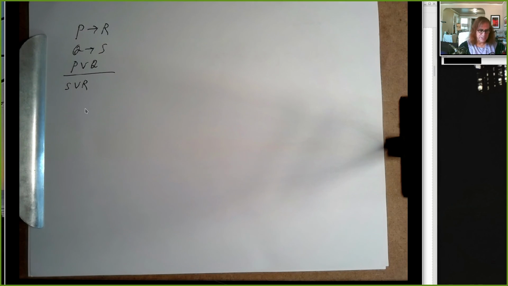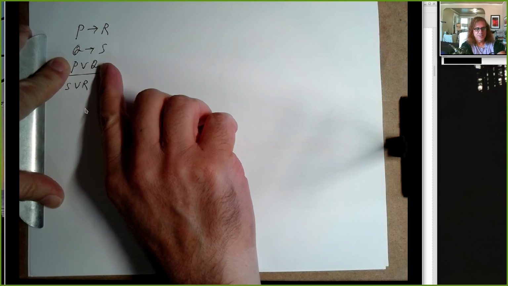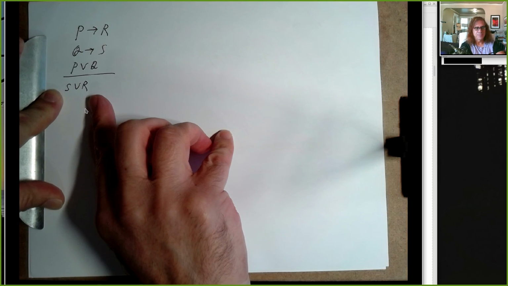If P then R, if Q then S, P or Q, therefore S or R. So we're allowed to assume these three statements are all true. These are true propositions, and we're trying to conclude this.